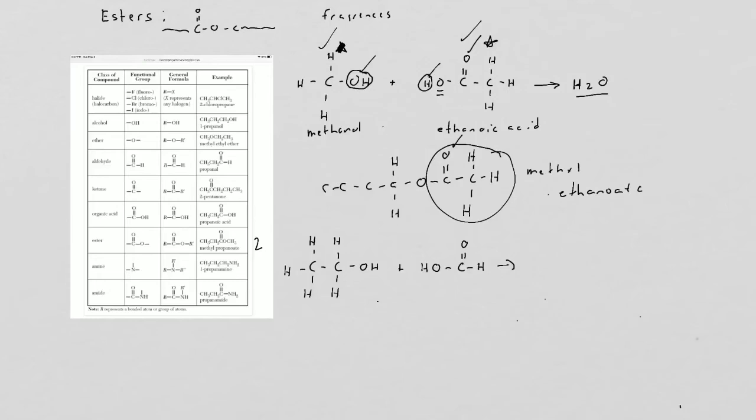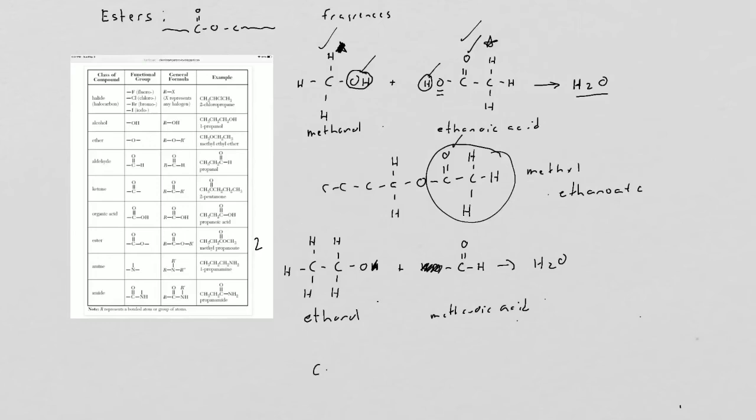So let's do another one of these. So this one right here, we have the alcohol right here. So this is ethanol, and this is methanoic acid, because it's an acid with an OIC on it, right? And we're going to take the water out, and so this is going to come off of here, and this is going to come off of here, and now we're connected.